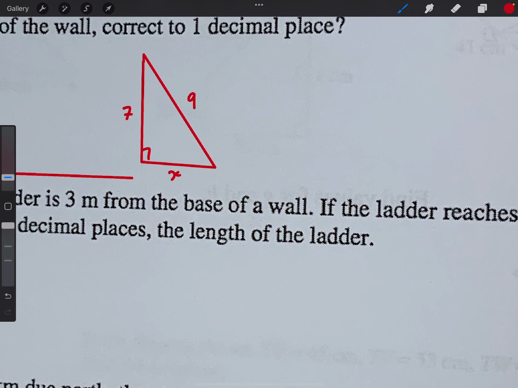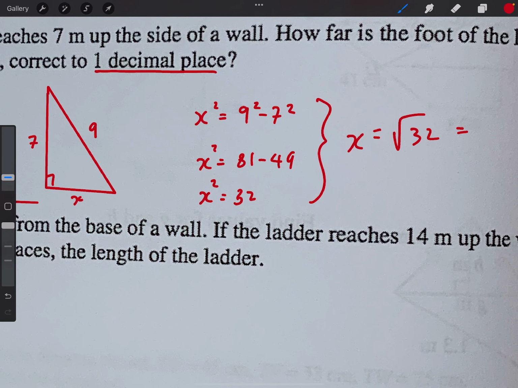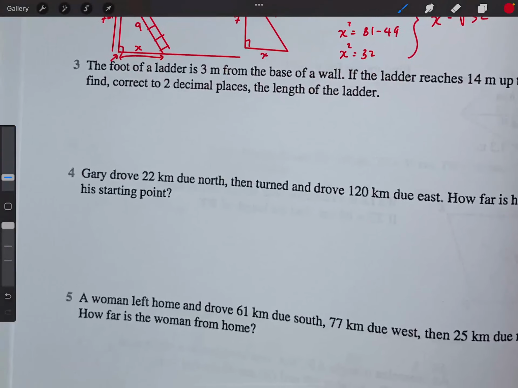To find x, we just do x squared is equal to 9 squared take away 7 squared. x squared is equal to 81 take away 49, so x squared is equal to 32. Therefore x is equal to the square root of 32, and get the answer to one decimal place like they asked for.